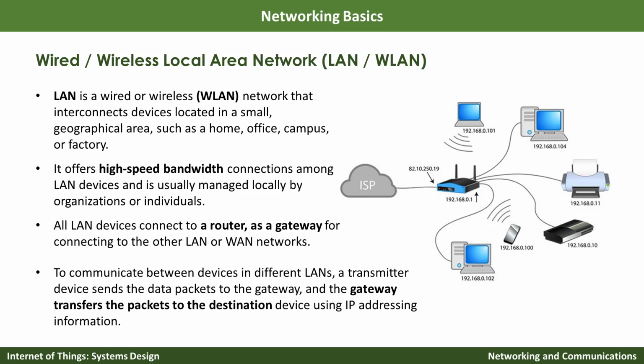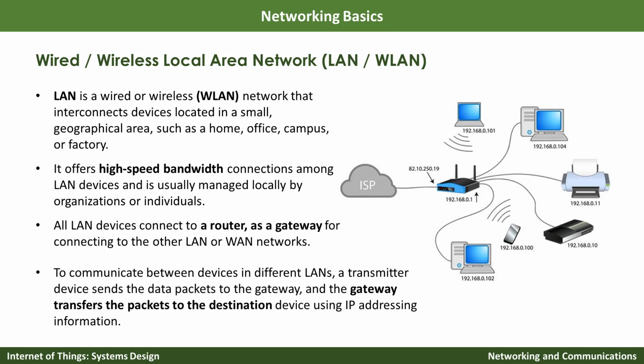Let me now go through the classes of different networks one by one. So the first one is the most common one, which is wired or wireless local area networks. We call it LAN, or WLAN for wireless. These are one of the first networking technologies or categories where people used to connect homes, offices, campuses, and networks within them.